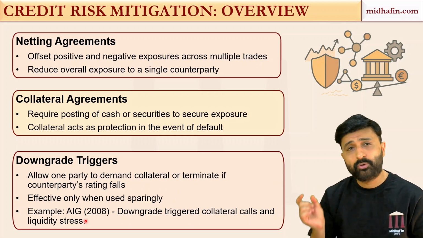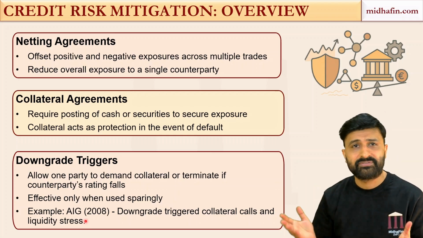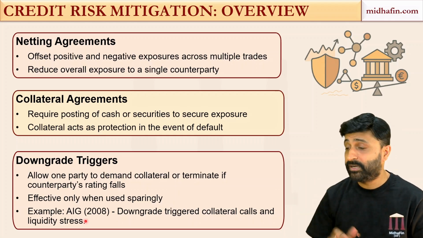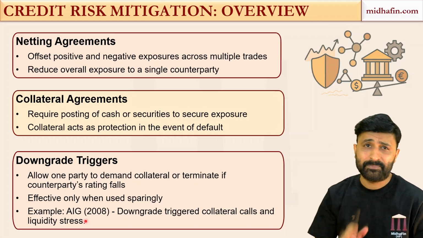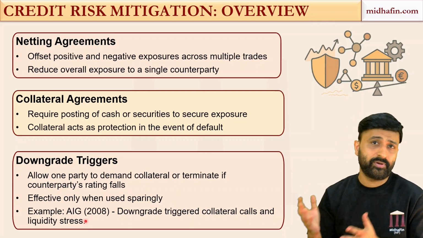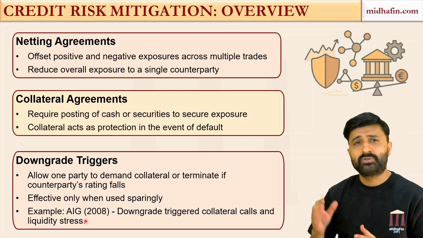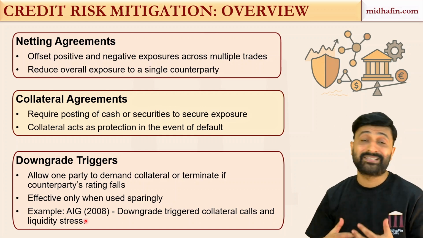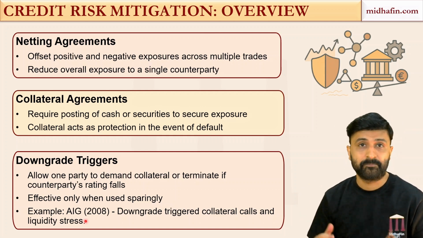The company could not meet those margin requirements. We have seen that earlier in many chapters we have discussed. That liquidity crunch pushed it to the brink of collapse, and a massive US government bailout was needed to prevent bankruptcy. So downgrade triggers can amplify systemic stress if they are used excessively.